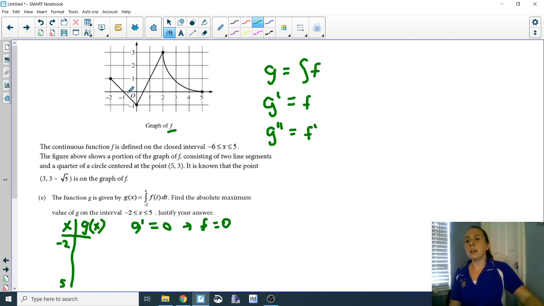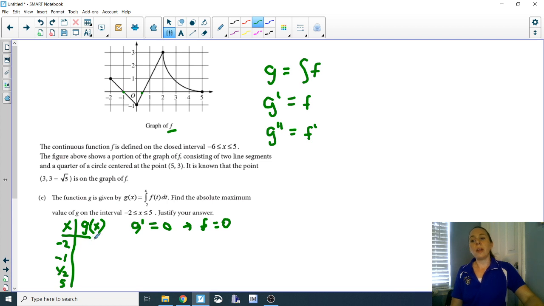So where does f equal 0? That's where it crosses the x-axis. It crosses here, here, and the endpoint, but we already have that listed. So my other possible extrema are x equals -1 and x equals 1/2. Remember that we talked about in part C that this is x equals 1/2.